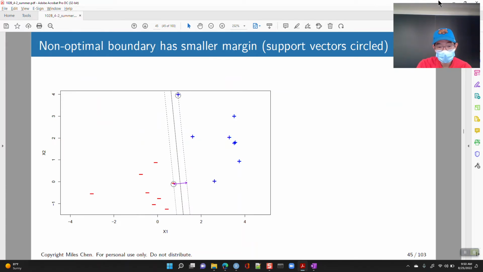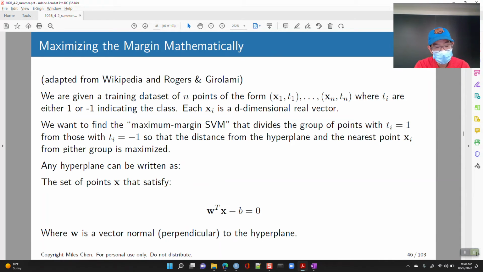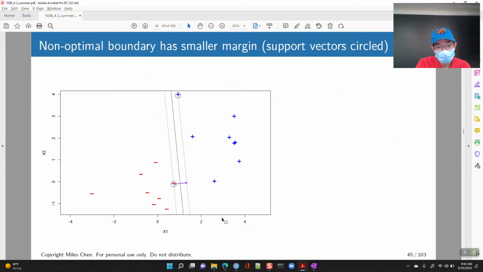Now, you define a hyperplane using weights W. You have W, which will be a weight on x1 and x2. And so when you multiply W transpose x, and you say W transpose x equals 0, that's going to define this middle line here.